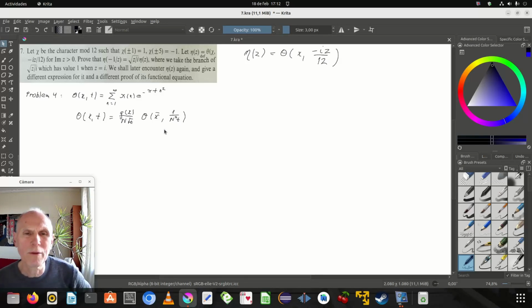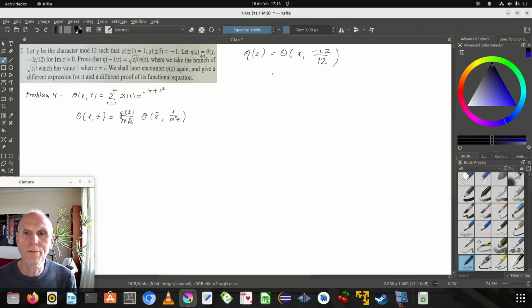That doesn't bother me. But then which square root must we take here? So the square root of a real guy maps to the positive square root. And that's exactly what it says here. The square root of z divided by I agrees with that. All right.